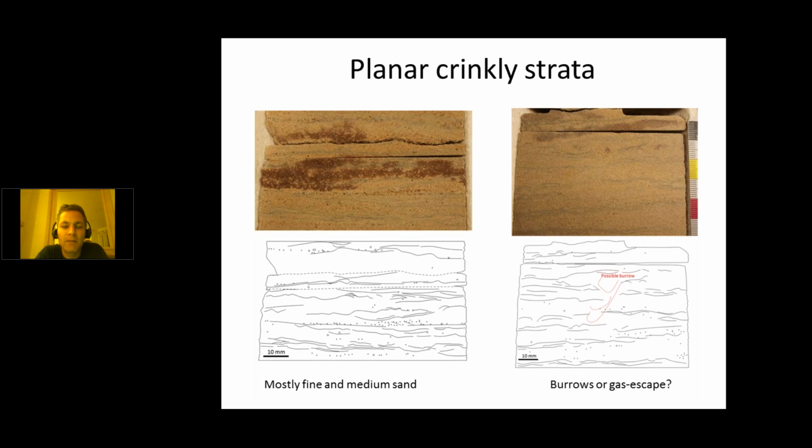But what we have in association with these is a variety of wind ripples and granule layers. We have some pseudo cross stratification, and occasionally we have some areas where it looks as if there are burrows or gas escape structures.